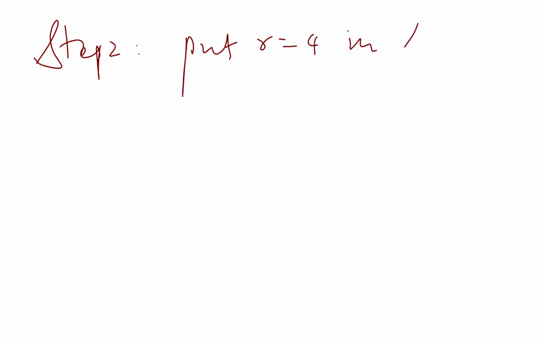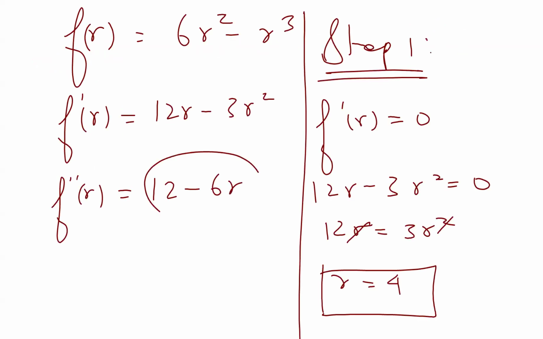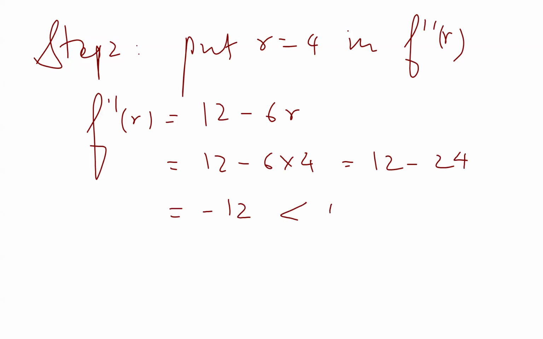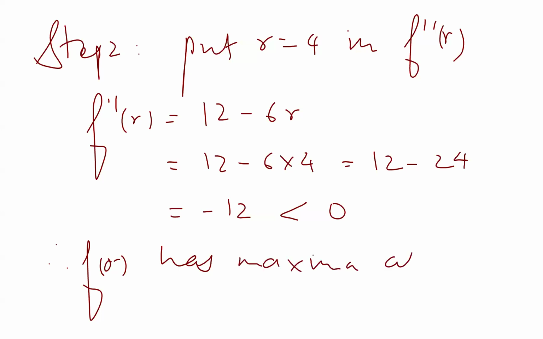So step 2, 12 minus 6r is less than 0. Therefore, f of r has maxima at r equal to 4.